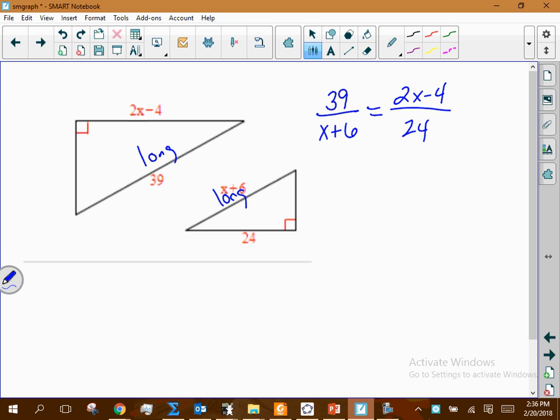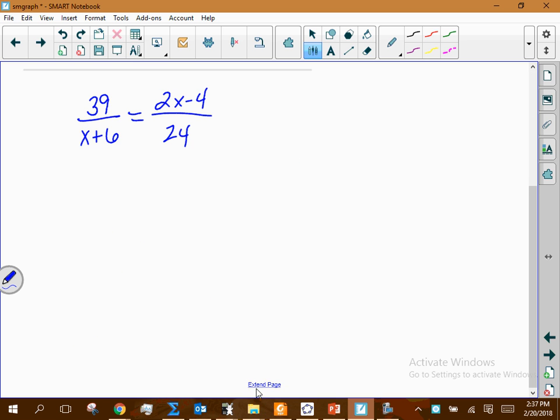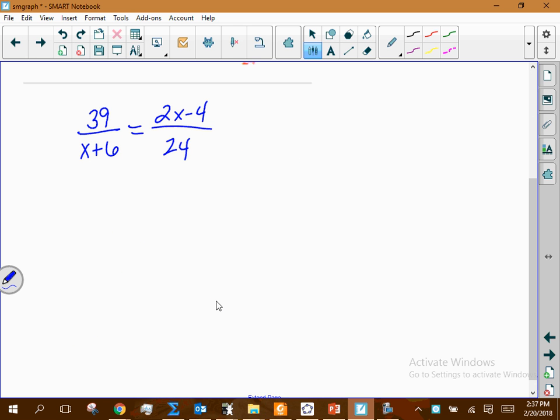Now it's just a matter of, once we've got that set up, can we go through and cross multiply and get our quadratic equation? Now there's a couple different things you can do, and this is the issue I think a lot of times with geometry: once we set it up, there's 3-4 different ways that we can approach the algebra to solve this thing.